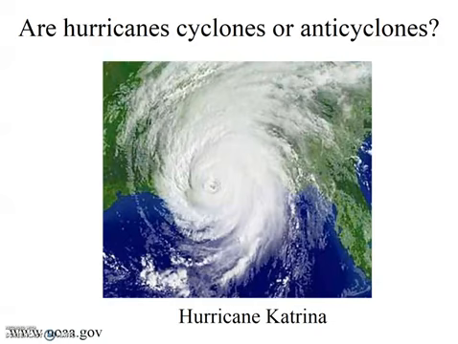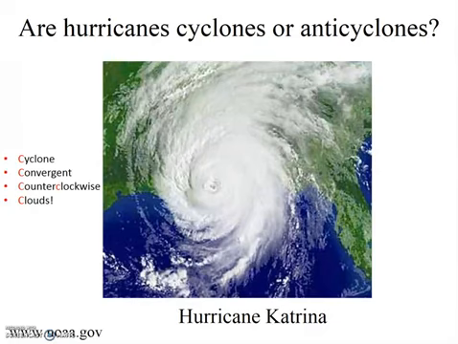Pause the video and check it out. Hopefully, you said that the winds were converging and counterclockwise. That's correct. So does that make this a cyclone or an anticyclone? With convergent counterclockwise winds, indeed that makes this a cyclone.